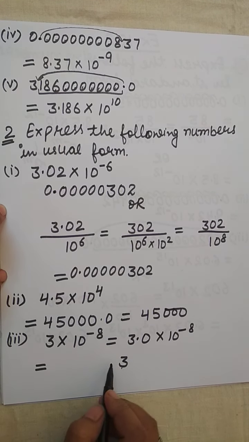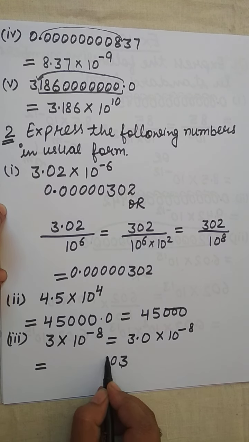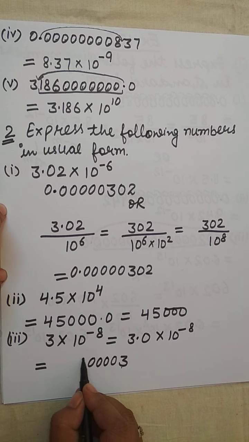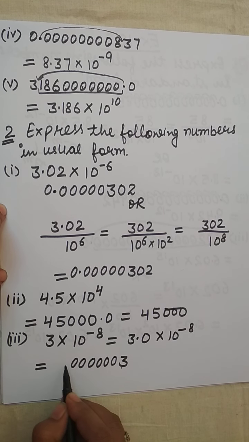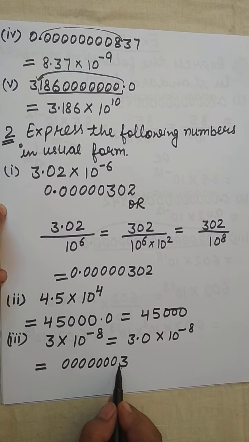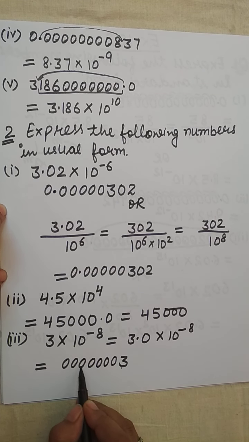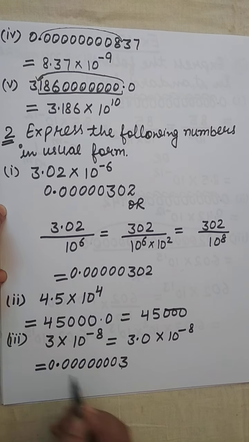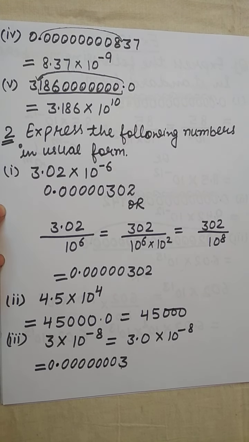So this is the first digit, 2, 3, 4, 5, 6, 7, 8. Now these are 8 digits: 1, 2, 3, 4, 5, 6, 7, 8. So we will put the decimal here, which is the required answer.